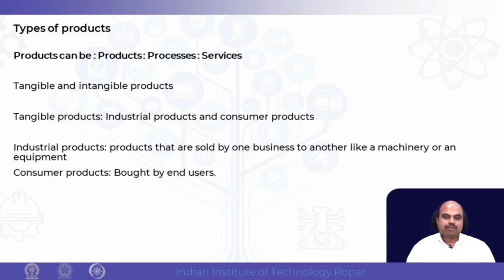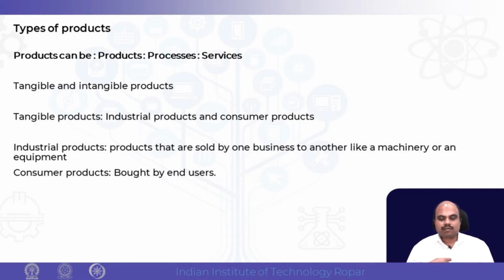One company would have taken the cotton and made the fibers, and that fiber is sold to another company which is making the shirt or this cloth. So from one company it is sold to another company. That is called an industrial product.